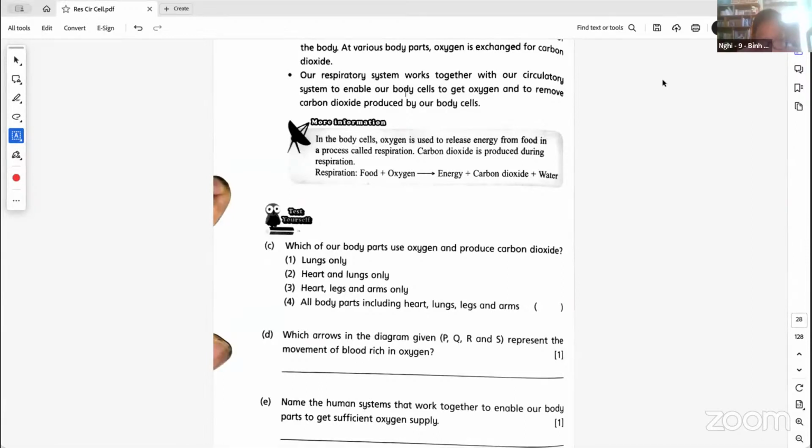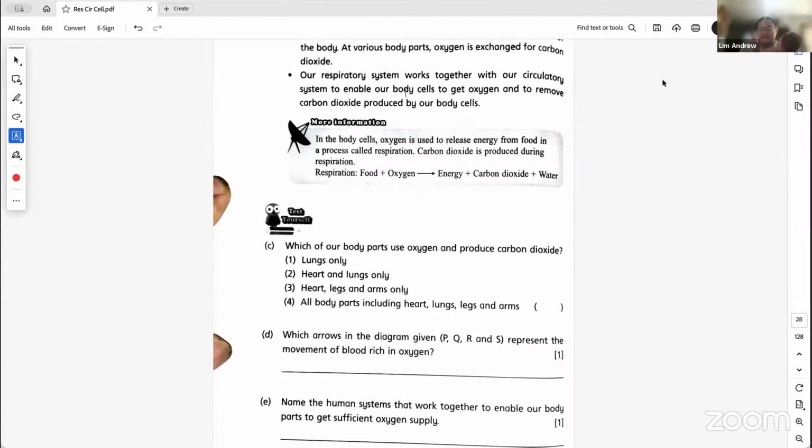I think it is number 2 because the heart gets oxygen to control the blood, and the lungs get oxygen and give it to the heart, and the lungs and the heart both produce carbon dioxide.